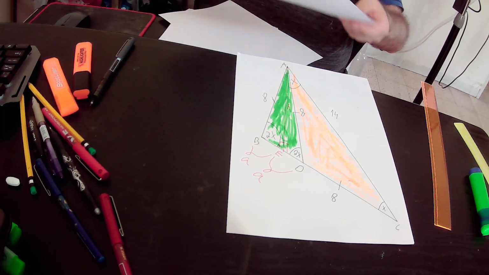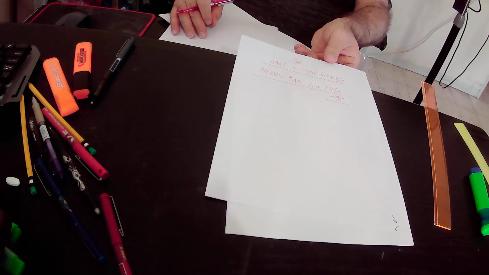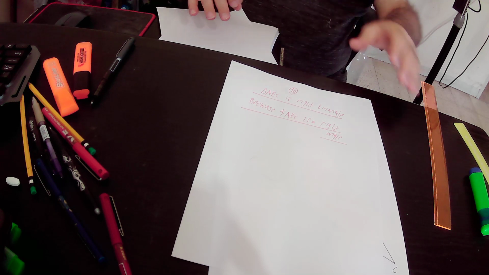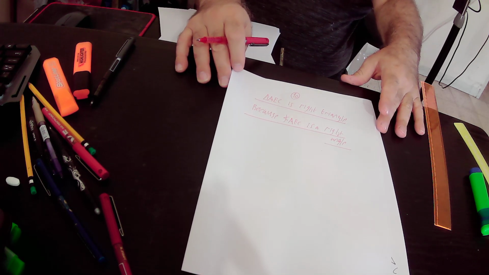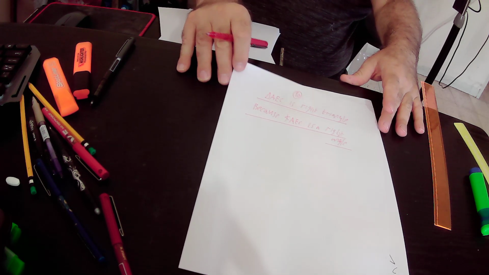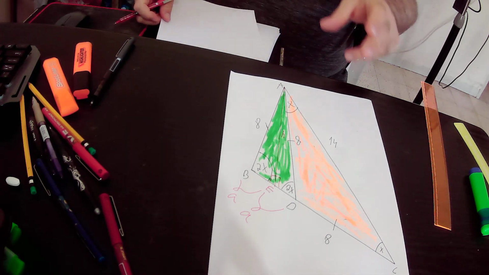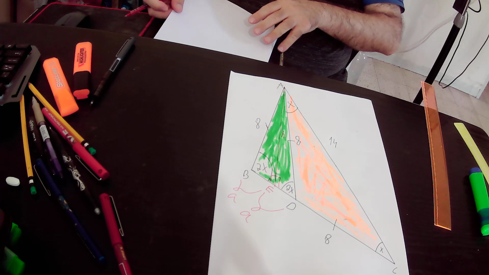Again, triangle AEC is a right triangle because angle AEC is a right angle. Therefore, we can implement the Pythagorean theorem in the right triangle AEC.